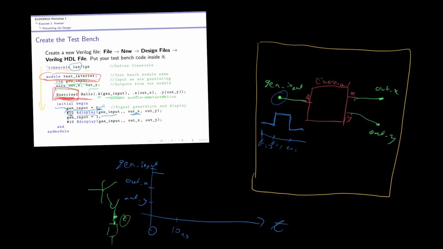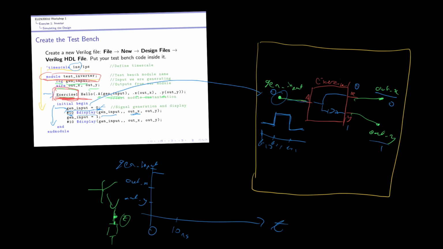Although we only have our code here that's generating the signal, we have actual hardware that's being simulated. As soon as we set gen input to 0, that value of 0 goes into our exercise 1 chip, which remember looks like this. And that means that the output x is going to take the value 0, the output y is going to take the value 1, and so out x is going to be 0, and out y, that node, is going to be a 1.